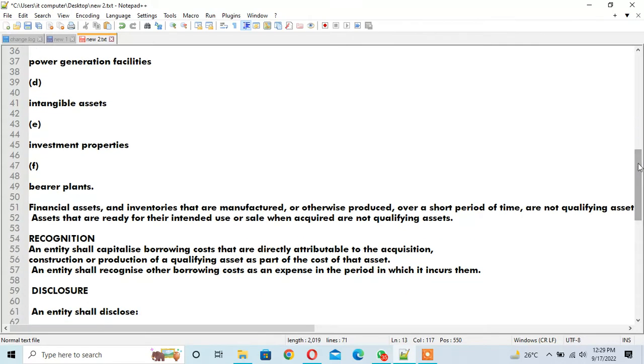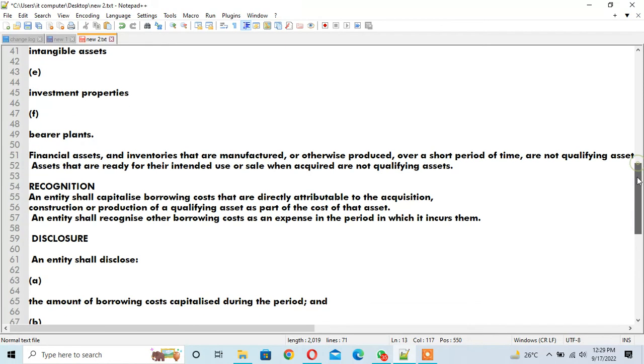These are all separate standards, and I have discussed all of them. Bearer plants, financial assets, and inventories that are manufactured or otherwise produced over a short period of time are not qualifying assets. Assets that are ready for their intended use or sale when acquired are not qualifying assets.